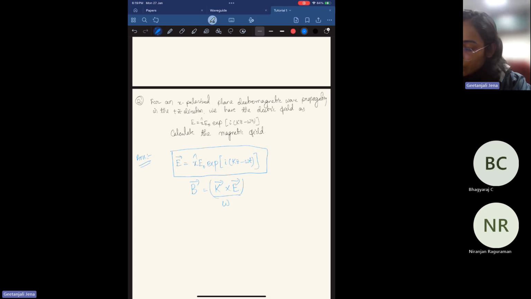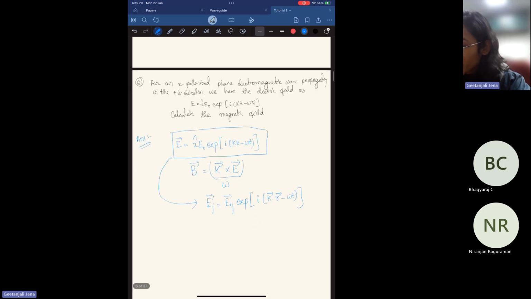E is already given to you. Now your main work is to find out what is k here. So if you compare this expression with the general form, which is E(r,t) is E0 exponential i(k dot r minus omega t). So this is the general form.